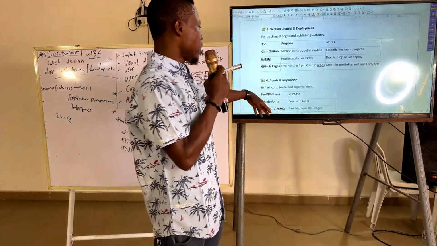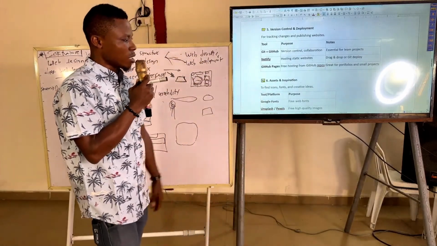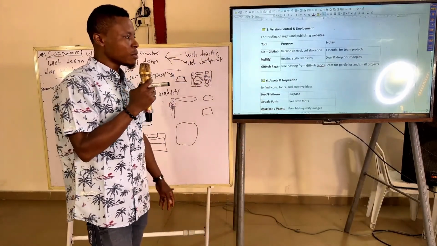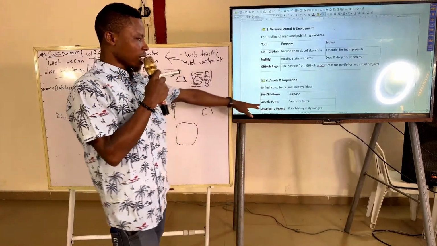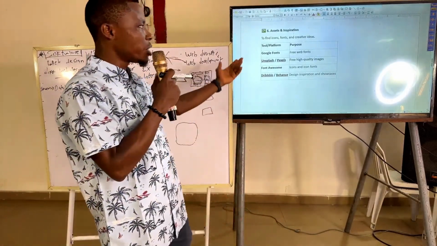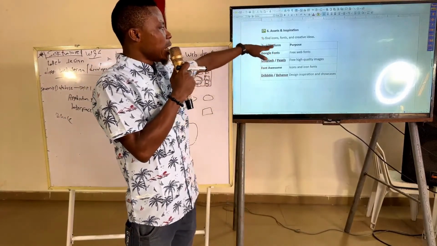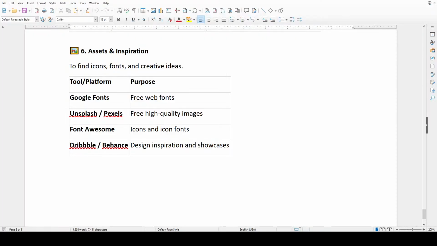Then assets and inspiration. This one is from the web designer. Like I said, they will choose the fonts, is it Times New Roman or is it Calibri? They will choose the fonts and developers will pick the code from there. Then Unsplash, probably you're trying to make use of some third-party images.